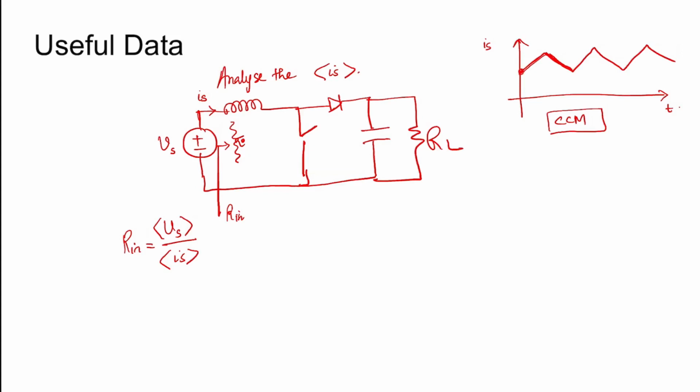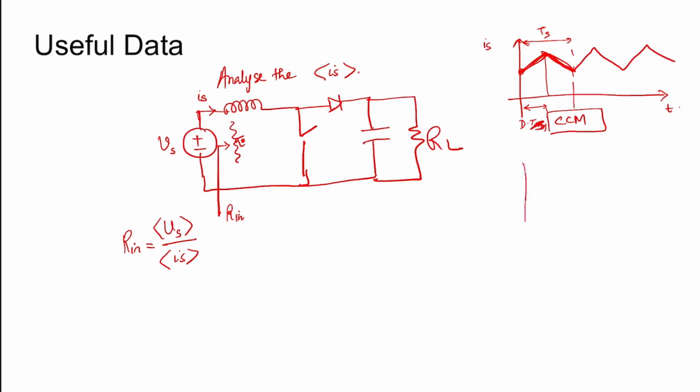So the amount by which the inductor charges, the same amount it discharges in every switching cycle, where this duration is D into Ts, that is the switching cycle time period, and this will be 1 minus D into Ts.